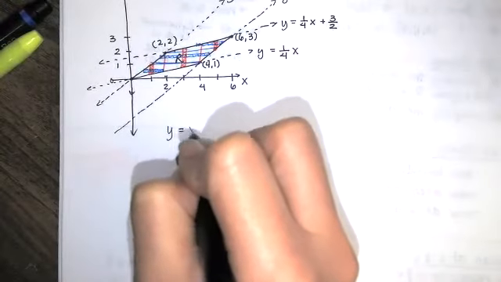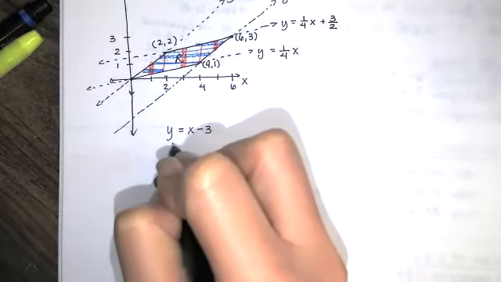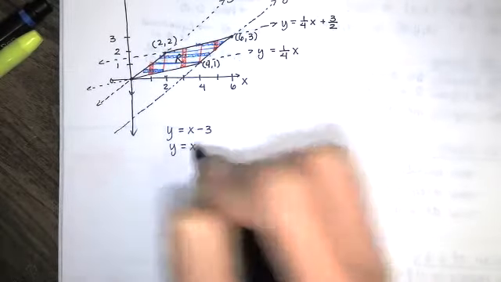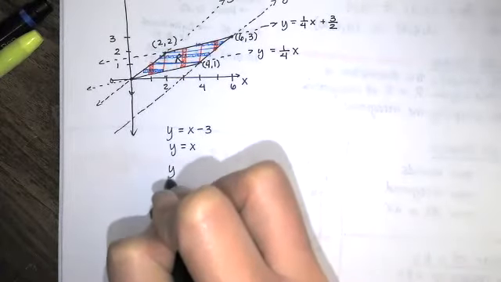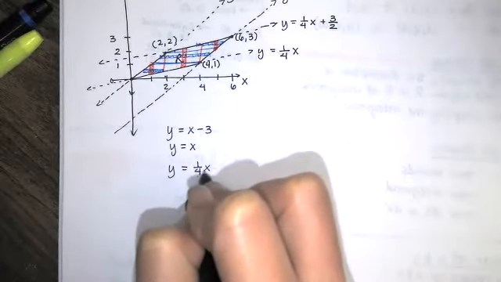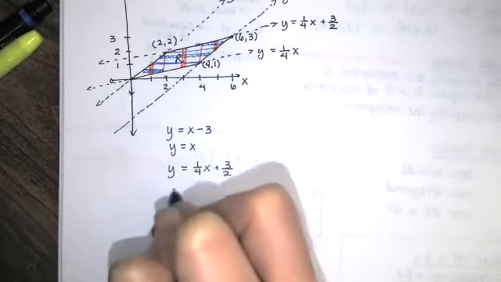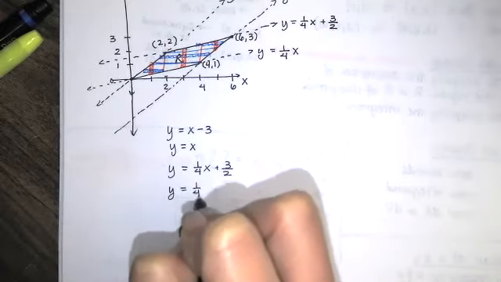y equals x minus 3, y equals x, y equals 1/4 x plus 3 over 2, and y equals 1/4 x.